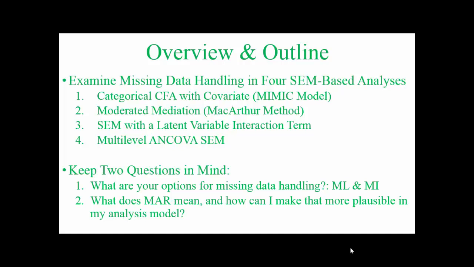Because one of the ways we're going to talk about making missing at random more plausible is how to add extra information that everybody has in their data set in addition to the variables they really care about. You got a couple of dozen columns more, you always do, I know this. How can you make that information useful to you? And we'll talk about that as well.